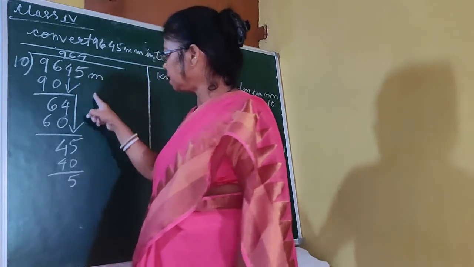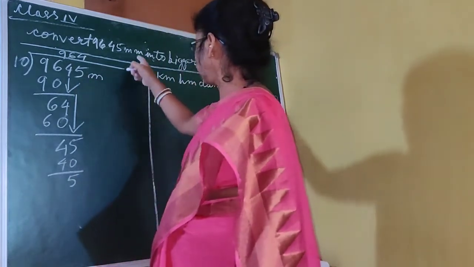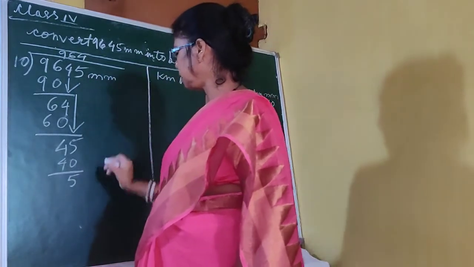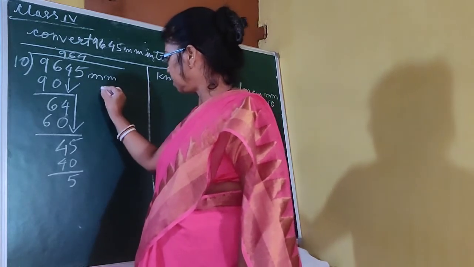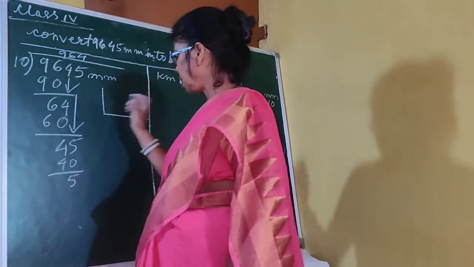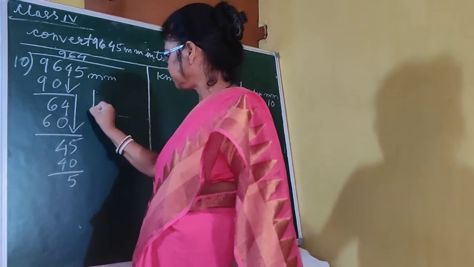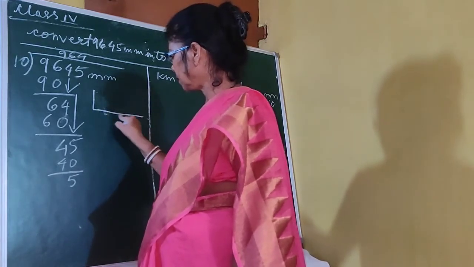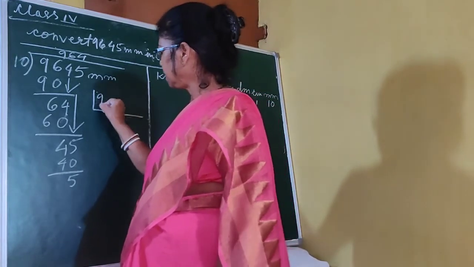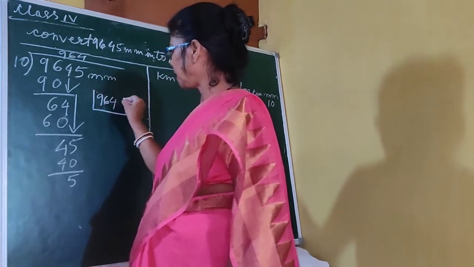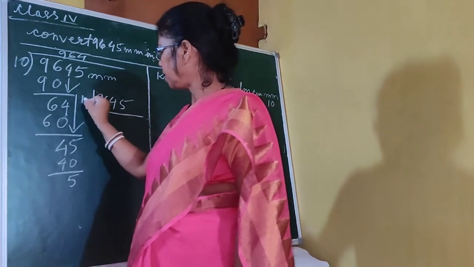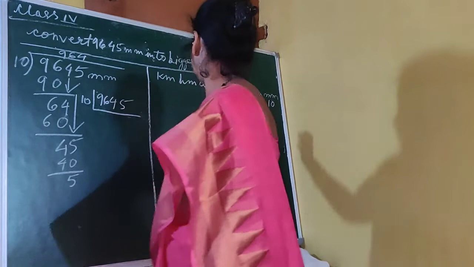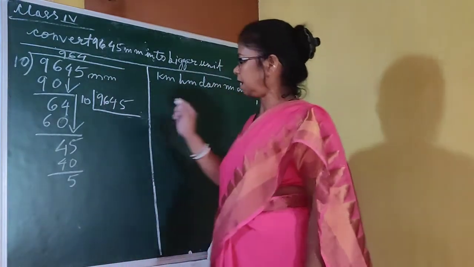Then the remainder is millimeter. It is millimeter, no? The remainder is millimeter. So writing it this way: 9645 divided by 10, since 10 millimeter is 1 centimeter.